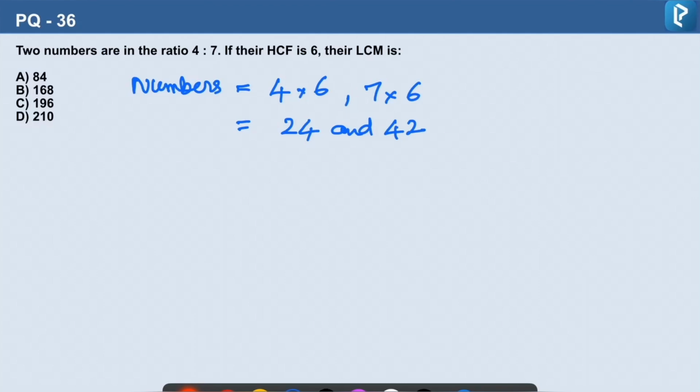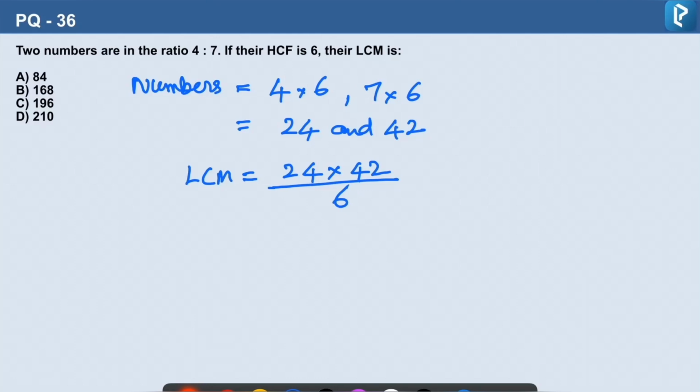So we need to find their LCM. You can find it by dividing the product of the numbers by the HCF, or directly also you can find the LCM.